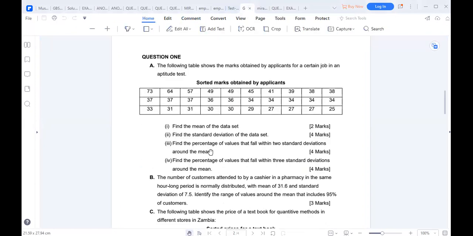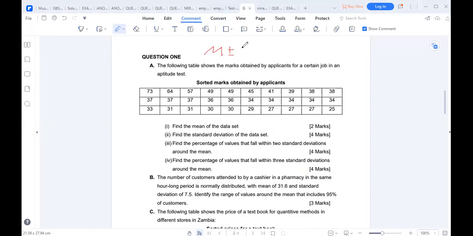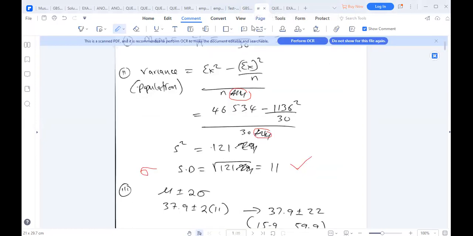And the next question is asking us to calculate the percentage of values that fall within 2 standard deviations. So to calculate that, our formula is simply mean plus minus 2 standard deviations. Since we found our standard deviation, it was 11.